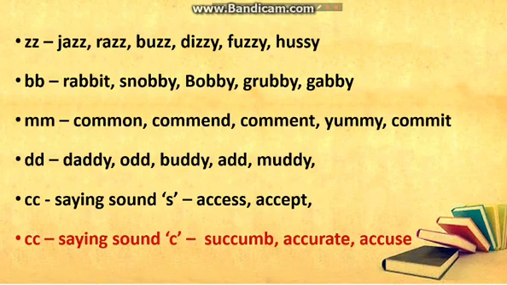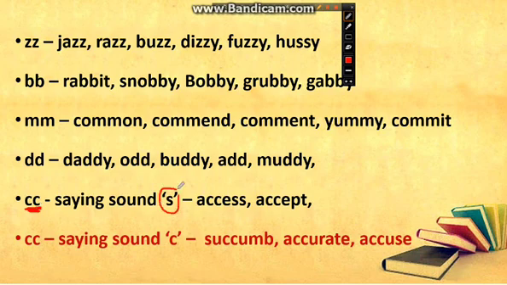For the stress sound, I want to emphasize the last two examples. This is k. Instead of saying sound k as in cup, it is saying sound s as in sun or s as in snake.